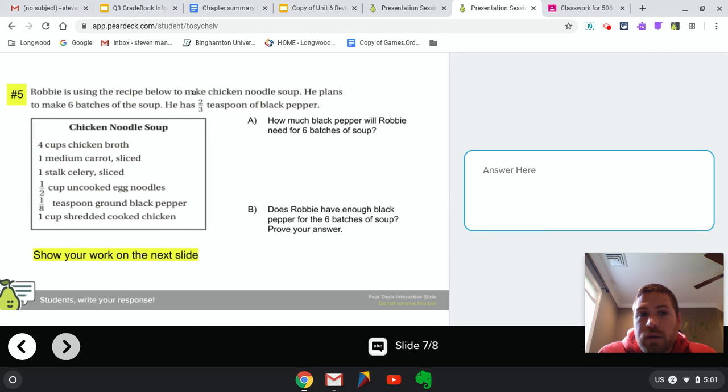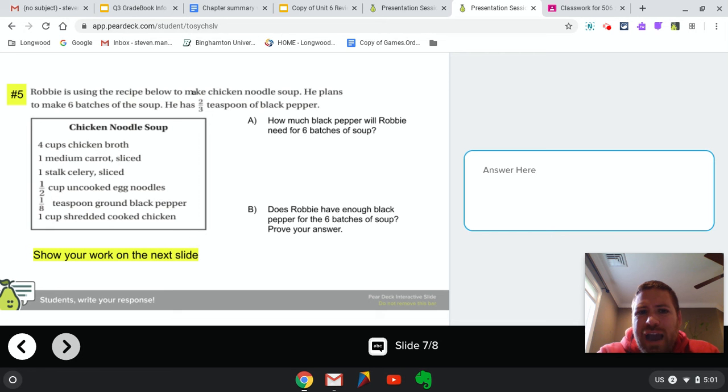Now remember, the one in the first part of the problem, he has 2/3 teaspoon of black pepper. That's him opening his cabinet and saying, oh, look, here's how much pepper I have to make this chicken soup. In the box with the recipe is how much black pepper he needs for 1 batch. So we're going to use that number. We're going to use how much he needs, right?